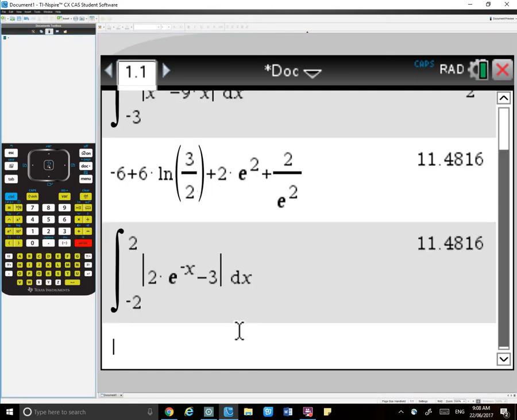Well, that's correct, yes. Very stressful. Well, that's correct. Okay, so that shows the CAS way will work and the hand approach will work as well.